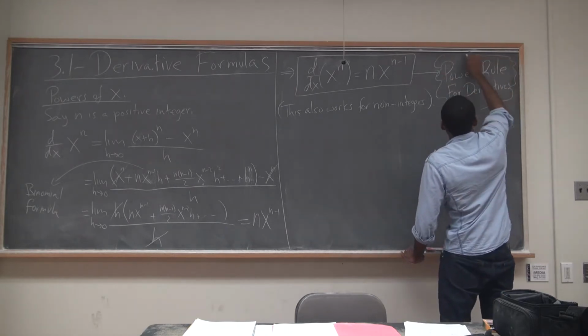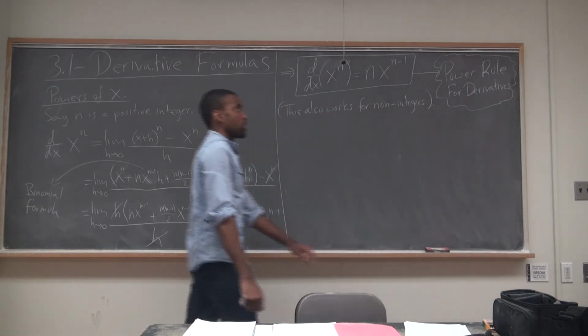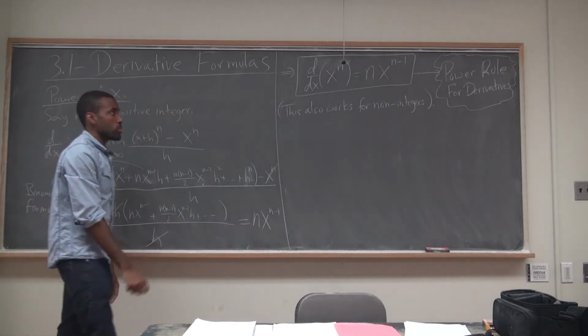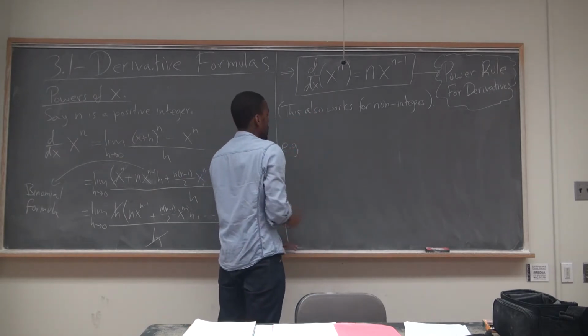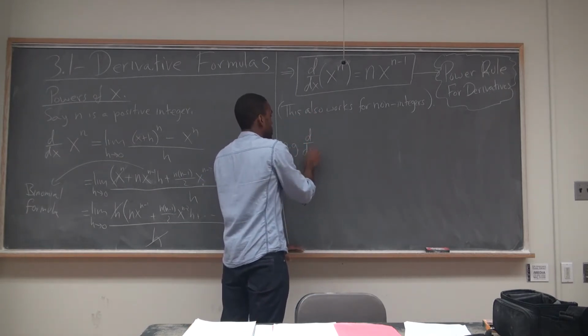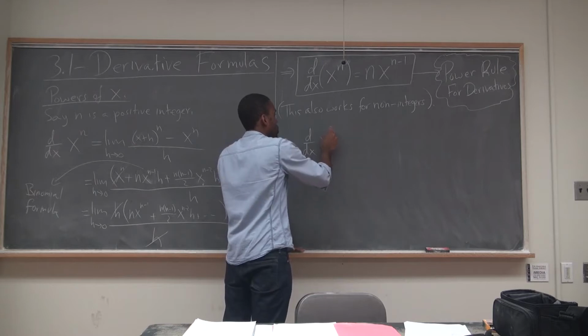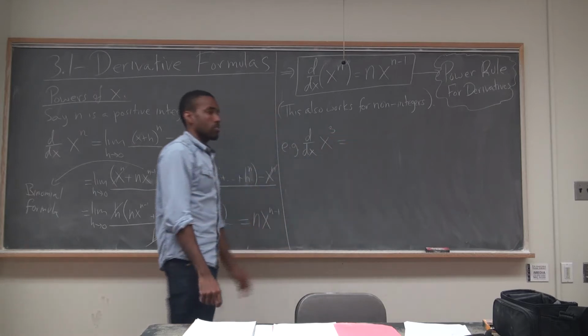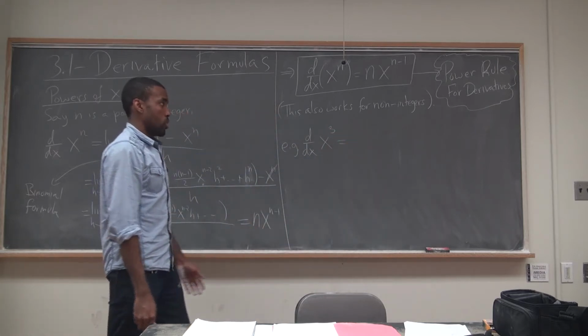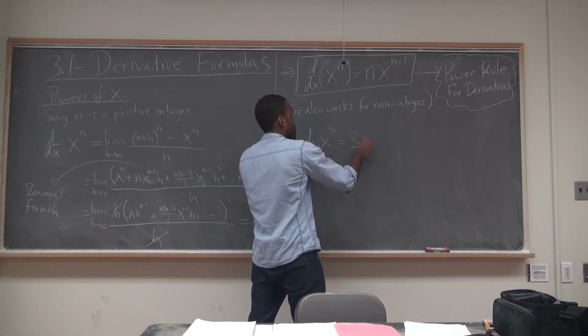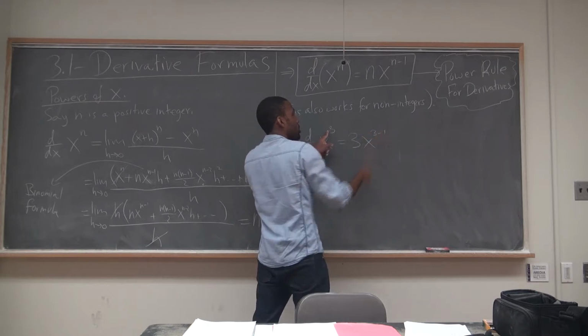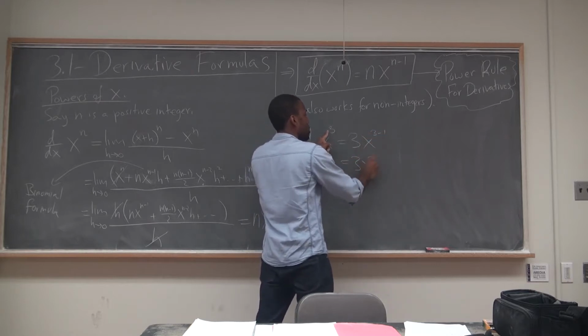There's a power rule for integrals, which we'll get to at the end of the semester, but this is called the power rule for derivatives, a very, very important rule. So examples here, if I ask you to differentiate x cubed, 3x squared. You bring that power down, and then you subtract 1 from the power, right? So it would be 3x squared as the answer.